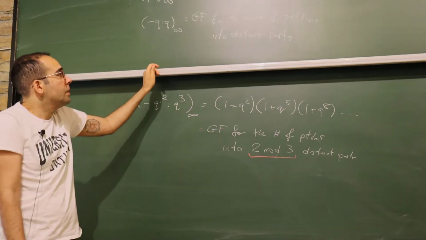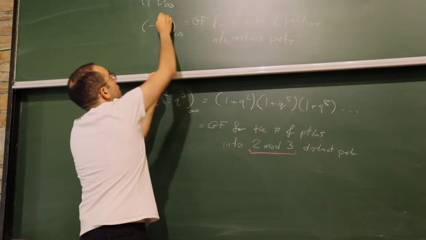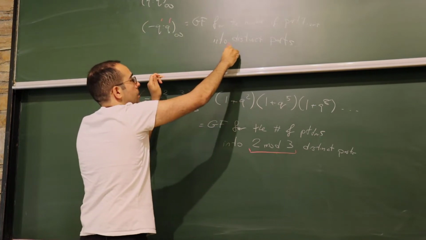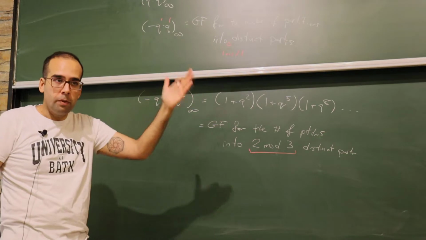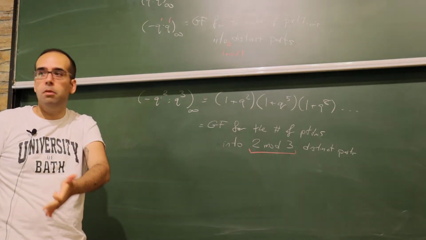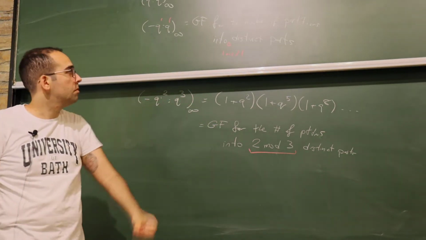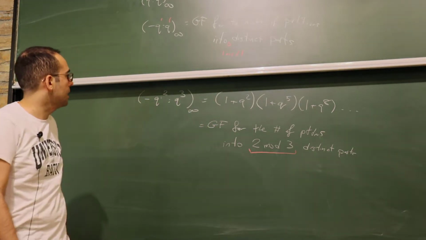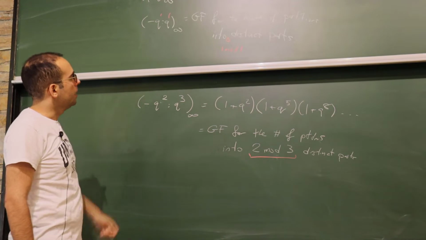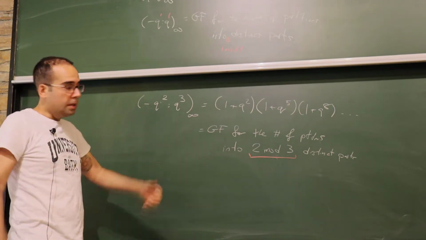In the last example, it was actually there too: it was 1 modulo 1 distinct parts. So it didn't matter. It was just the normal thing. We started from 1, we went all the way. You divide anything by 1, you would get 0 modulo 1, or 1 modulo 1, the same thing. Right?